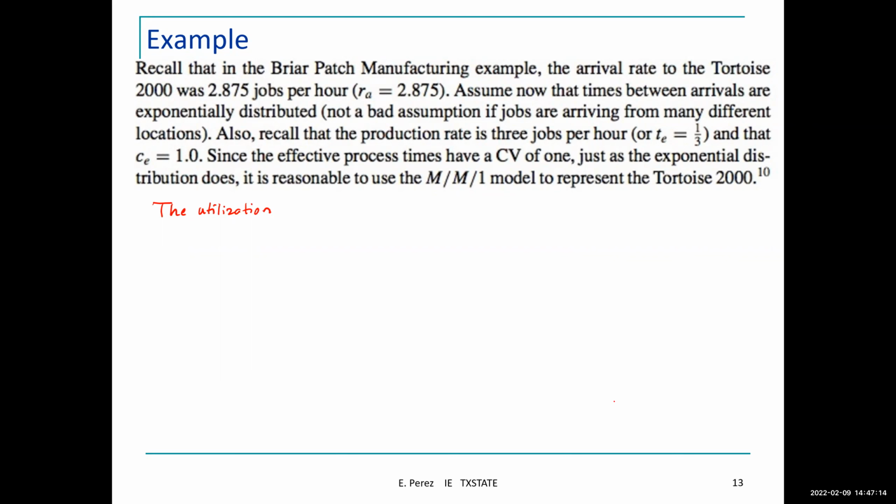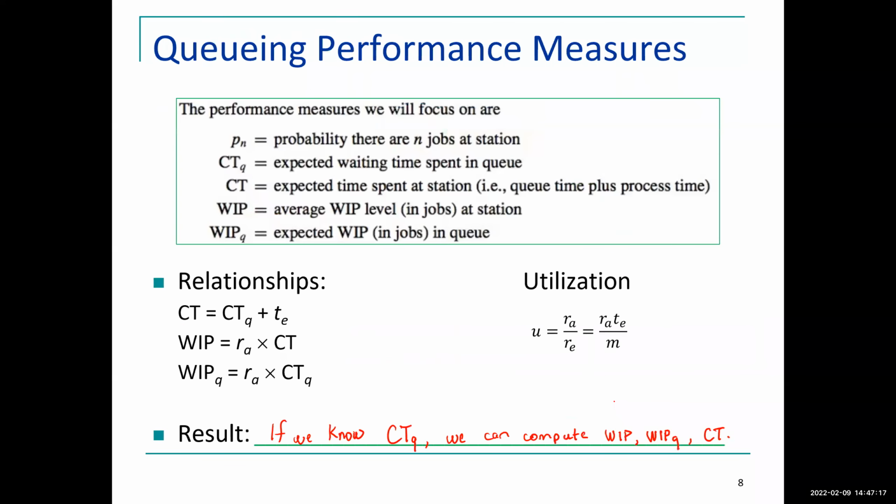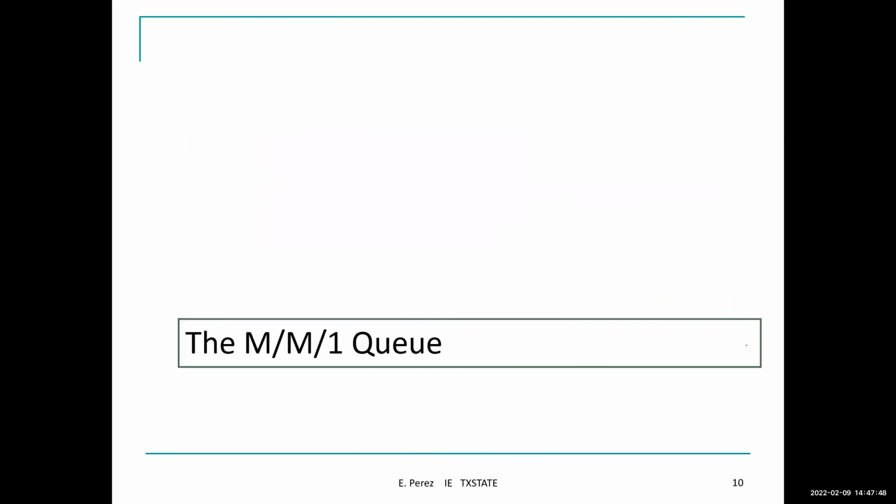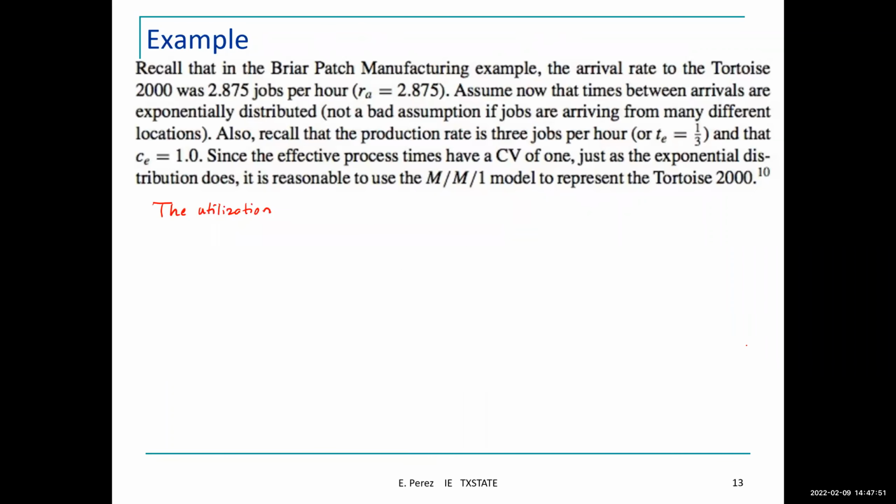If you remember from slide 8, we can compute the utilization using that equation, RA divided by RE, or RA times TE divided by M. And we know that RE equals M divided by TE. So let's put that in here.